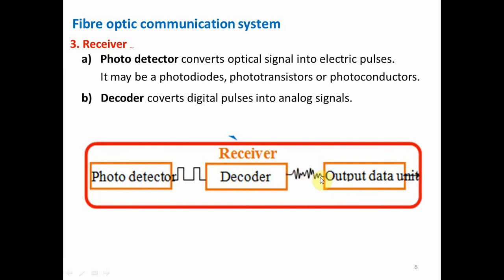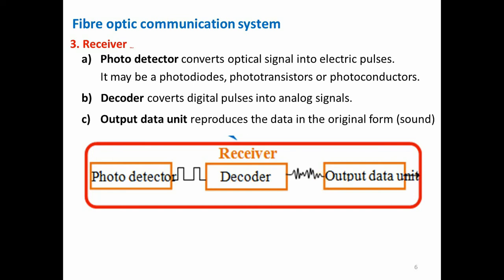Analog signals means continuously varying signals. Third part, output data unit reproduces the data in the original form, that is, in the form of original sound, video or text. These three are the basic blocks of an optic fiber communication system.